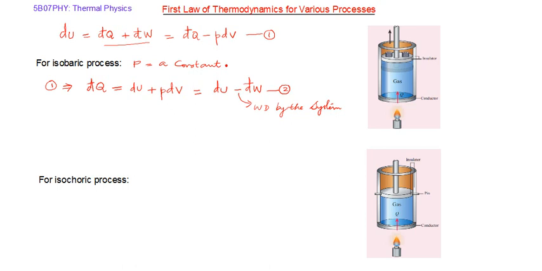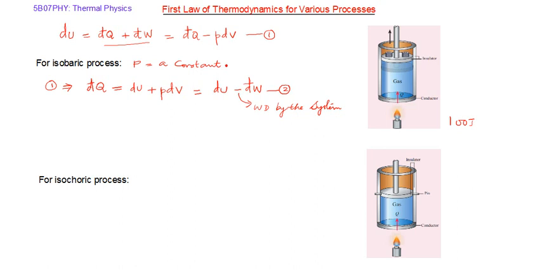Now I can interpret equation number 2 in this way. During an isobaric process, pressure should be maintained a constant. How is it possible? It's possible if and only if the heat that you are supplying to the system is utilized for two purposes. A part of the heat energy is used to increase the internal energy, and another part will be used up in doing work by the system. For example, say that I'm giving 100 joules of energy as heat.